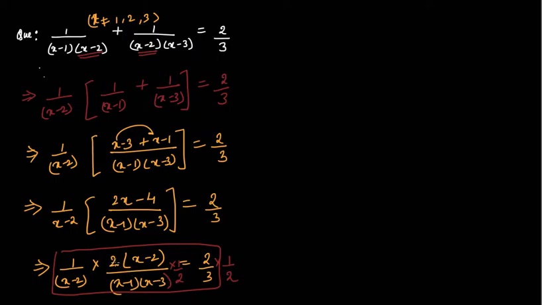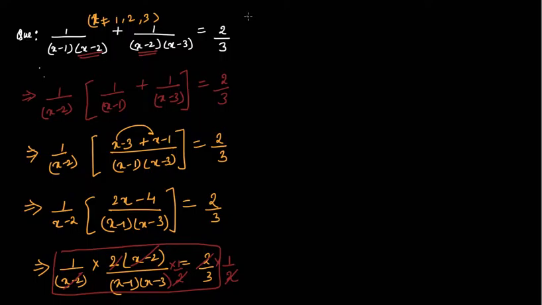In order to cancel out this 2 and this 2, which will simplify my problem. So this 2 cancelled out, this 2 again cancelled out. Again you can see here, x minus 2 is in the denominator and x minus 2 is in the numerator. Now you know that x cannot be equal to 2, so that is the reason we will cancel out both these factors as well.